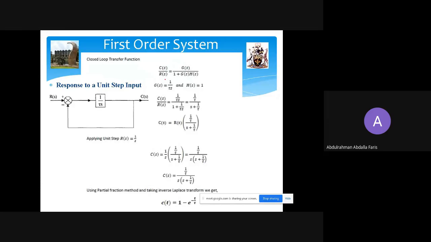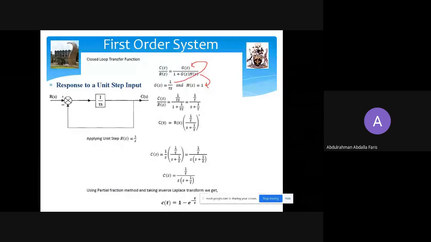So we know our closed loop overall transfer function is given by that, and G is that, and H is 1. Substituting those, we end up with this equation. So C(s) over R(s) is given by that. That is our transfer function for the whole system. So the output C(s) is R(s) times that.